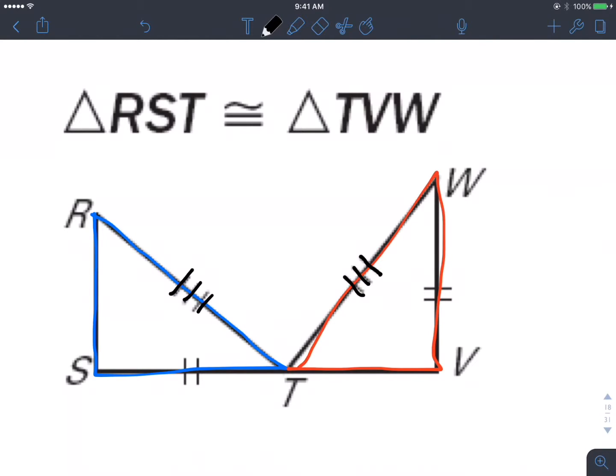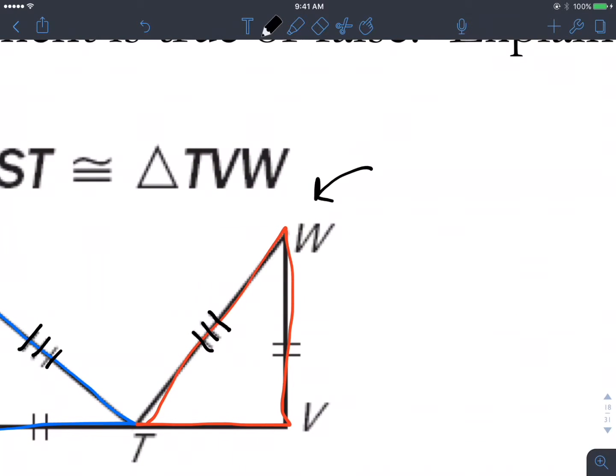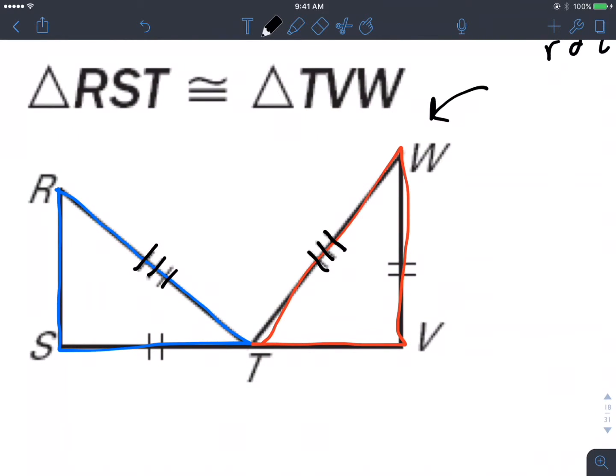Now, they don't look like the same triangles, but it's just the 2 same triangles with this one being rotated. They're basically the same triangles, except this one's rotated in a different direction.